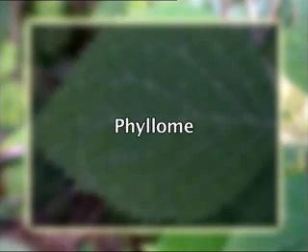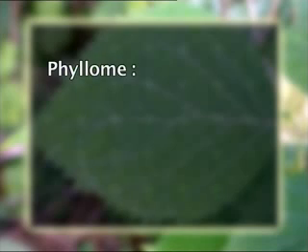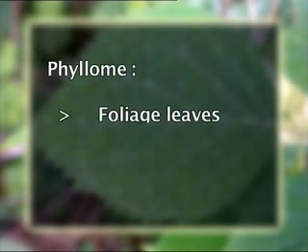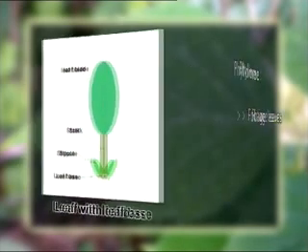Morphologically, the leaf is the most variable plant organ in the spermatophytes. The collective term for all the types of leaves appearing in the plant is the phyllome. Phyllomes have been classified into 4 types. Number 1, foliage leaves or photosynthetic leaves.